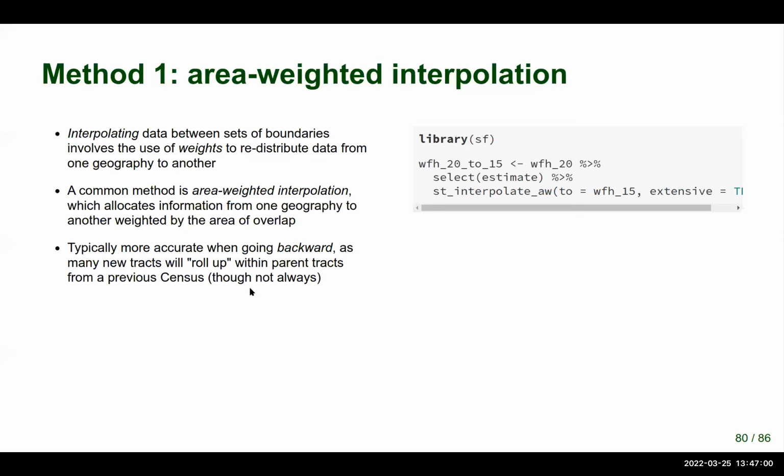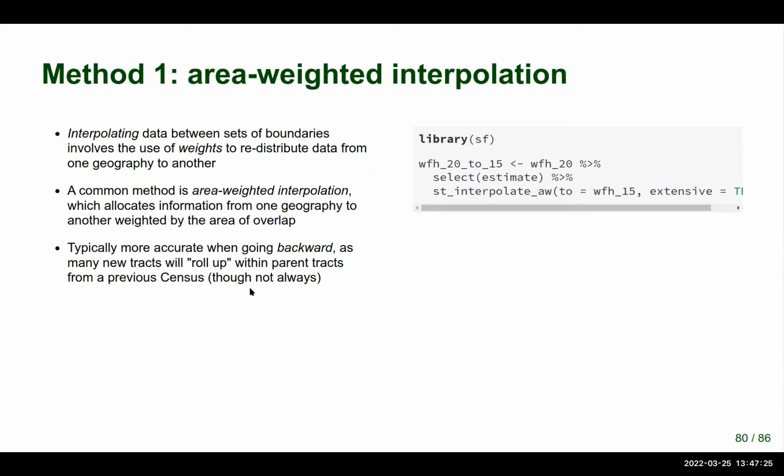The first method, and this is maybe the most common method that's used for interpolating data between inconsistent boundary sets, is called area-weighted interpolation. What it does is it takes a look at the intersections between two overlapping spatial data sets, and it computes weights for transferring data between those data sets.